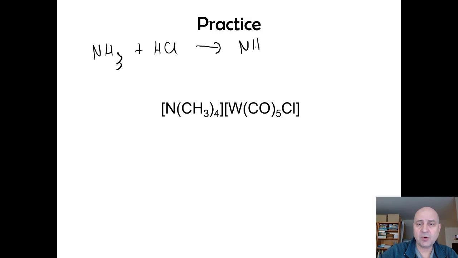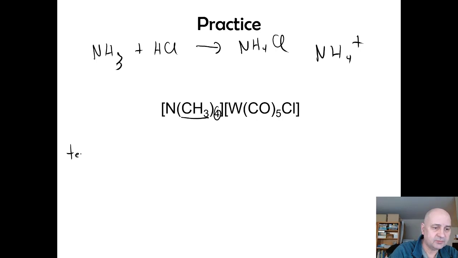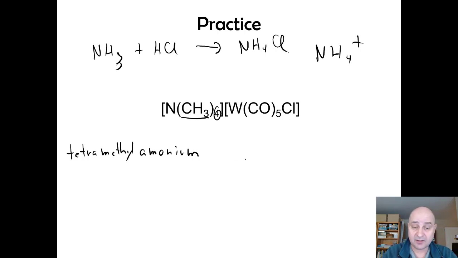So you're going to end up with ammonium chloride. And so the standalone cation we call ammonium. So this would be called tetramethylammonium. So that's our cation, tetramethylammonium, space.